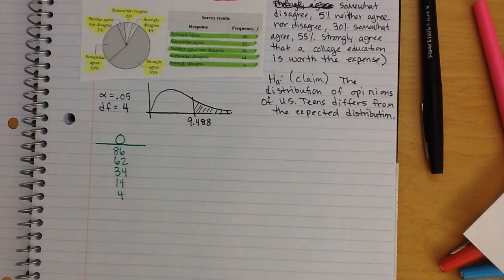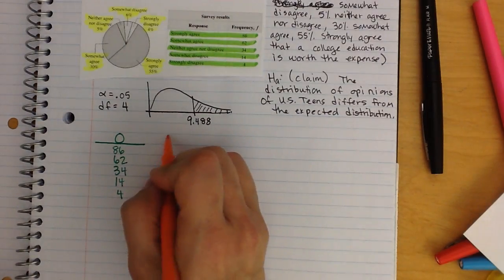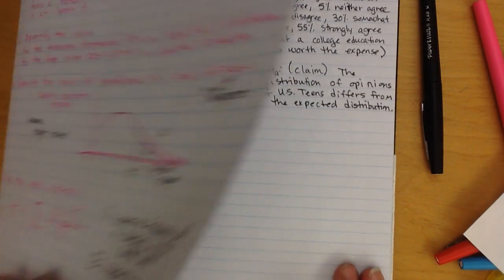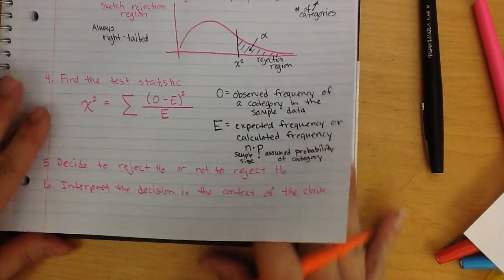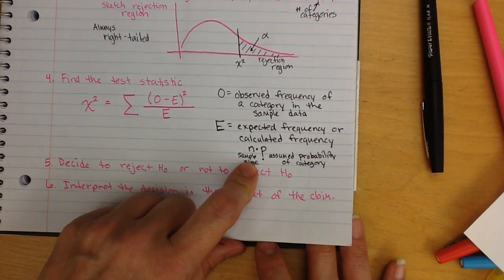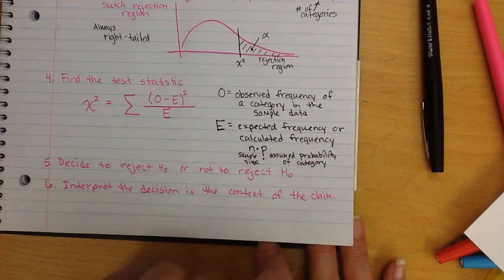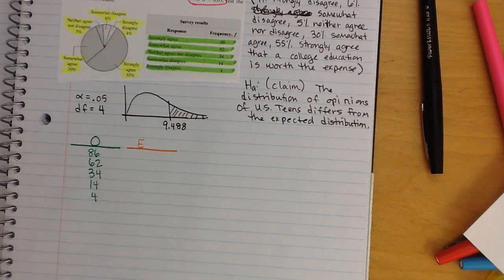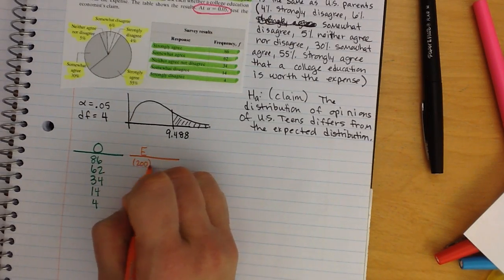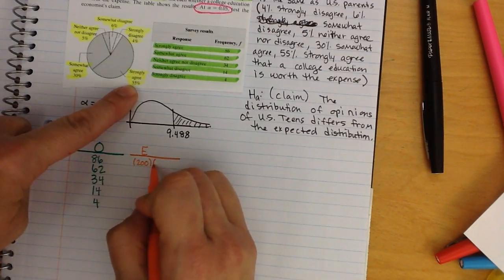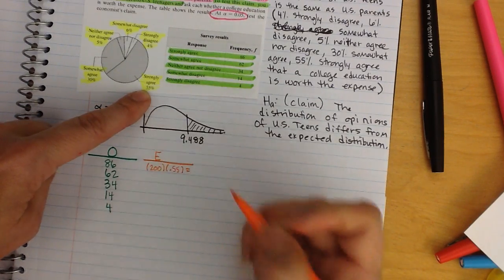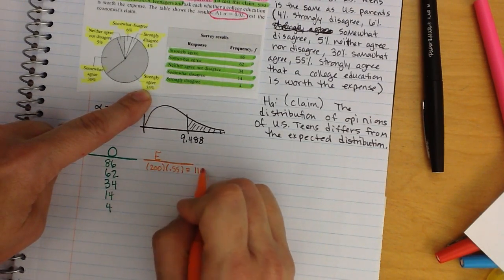Now our expected values are going to come from the expected distribution here, and we're going to have to calculate those because these are percents. What we do to calculate our frequency is take our sample size, which was the 200 teens who were surveyed, times the assumed probability of the category. So for strongly agree, we'll take our sample size of 200 times the 55% that we would expect, and our expected value there is going to be 110.